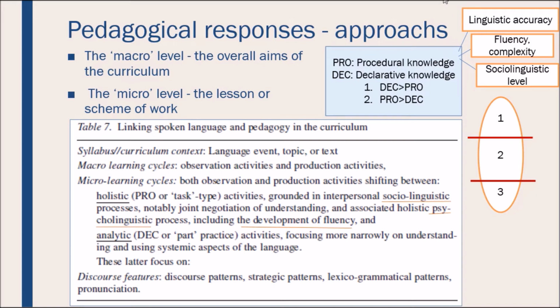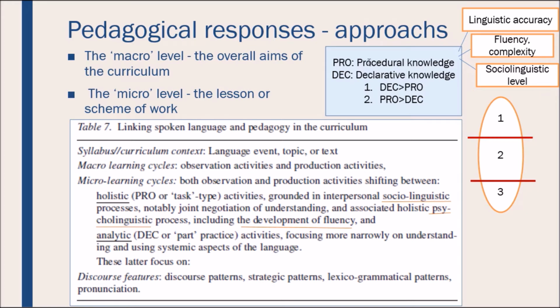In other words, you want to bring up students to a level in which they can speak and interact fluently with other interlocutors and using a kind of complex array of linguistic structures. In addition, and quite importantly, you want to bring them up to a level where they produce sociolinguistically appropriate utterances. This is known as pragmatic competence.